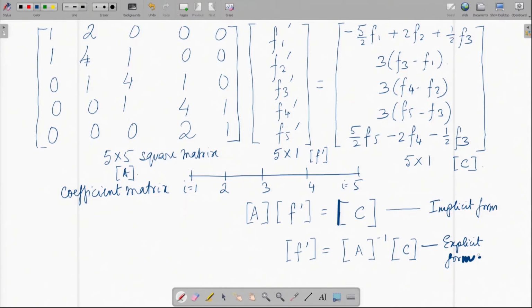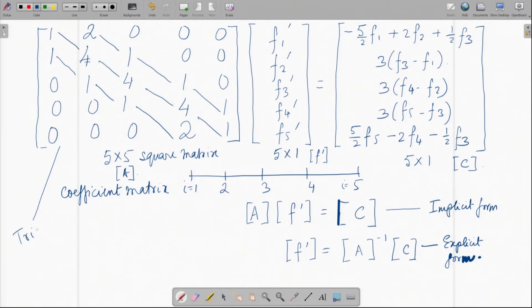So, if you look back at the coefficient matrix a little carefully, then you can identify 3 non-zero diagonals in that matrix. It is a very interesting structure. So, only these 3 diagonals contain non-zero terms. The rest of the terms in that matrix happen to be 0.